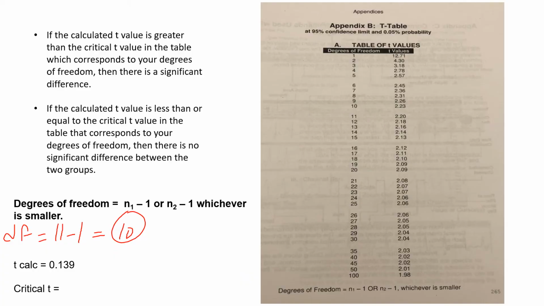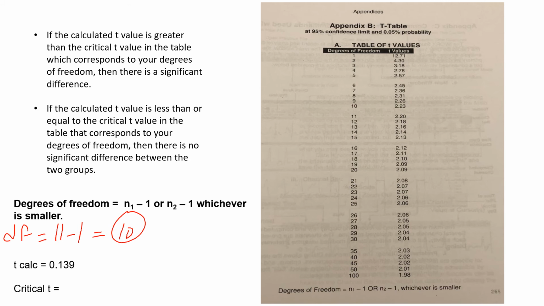Okay, so we went ahead and we calculated the t-value and we got 0.139. Now, for us to figure out if there is a significant difference between those two means or not, there's something else that we have to calculate, and it's known as the degrees of freedom. To calculate the degrees of freedom, all you would do is take the number of your data points and subtract 1.